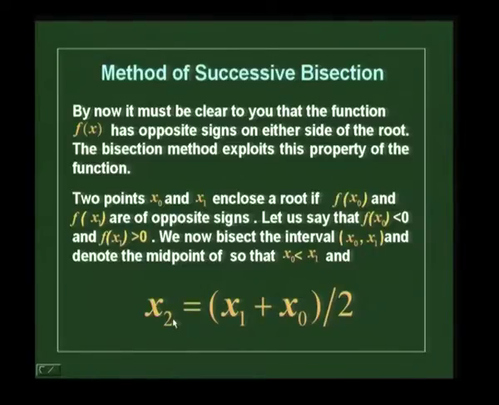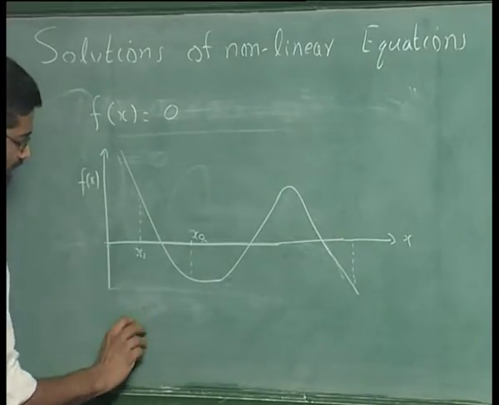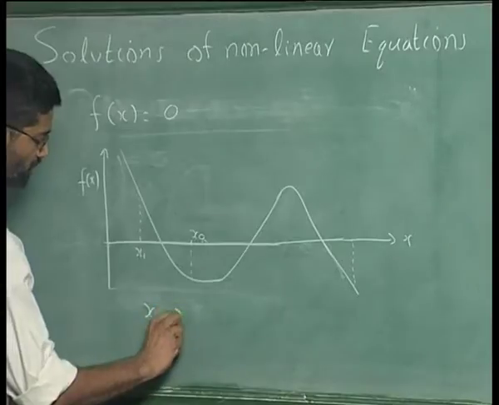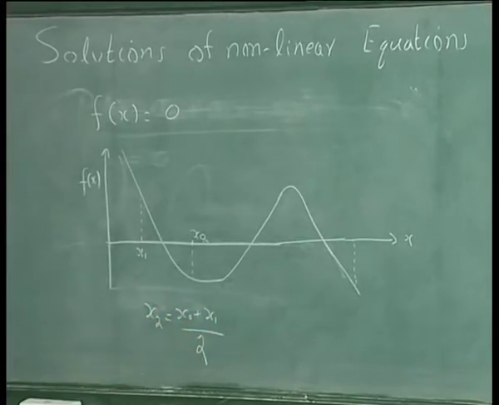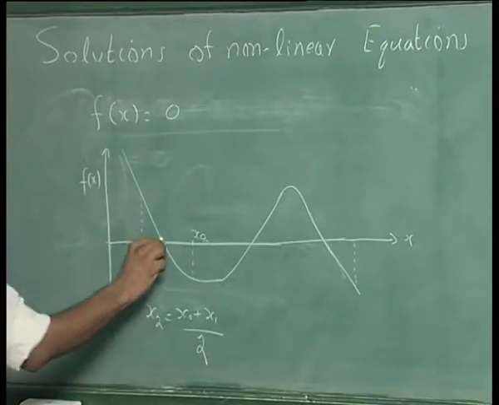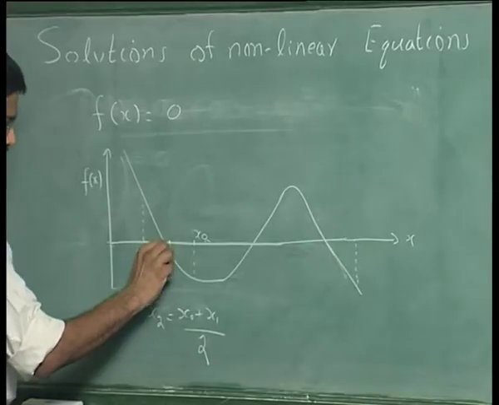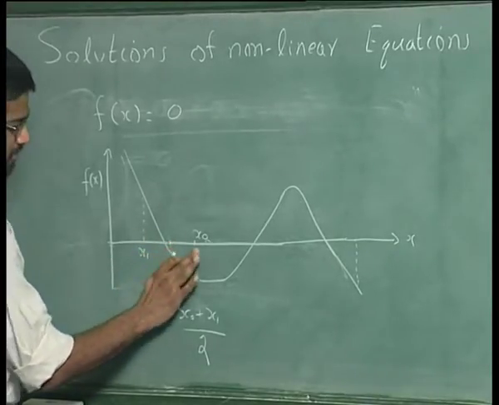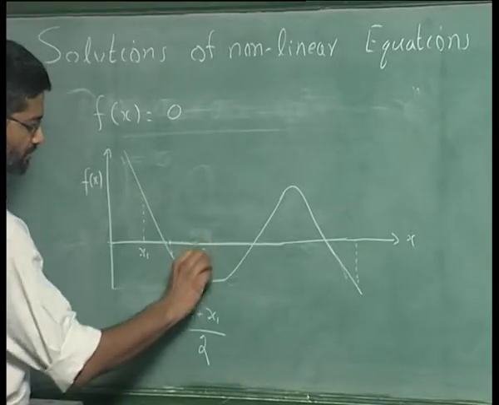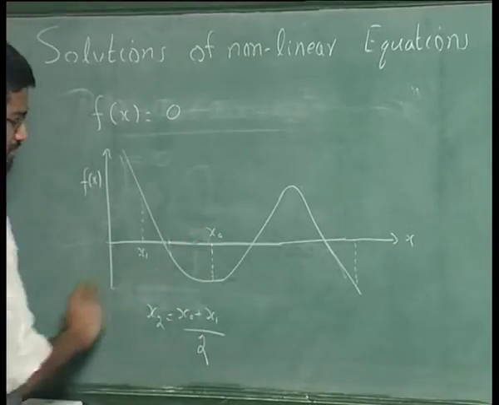So we took x1 here, x0 here, so x2 is equal to (x0 + x1)/2. That will come somewhere here, and then we find the function value at that point. Let me draw this a little far so that I can demonstrate it better.